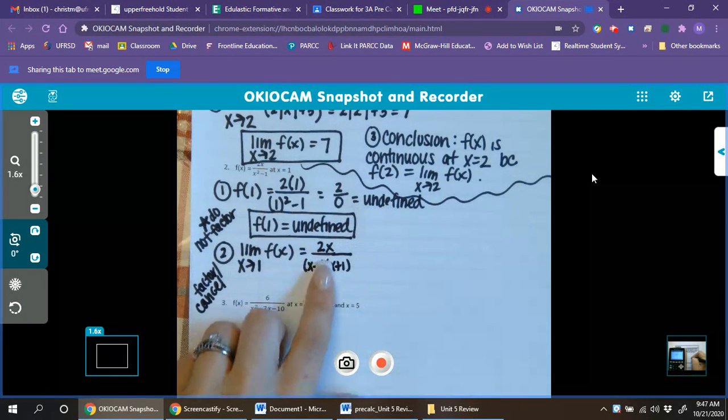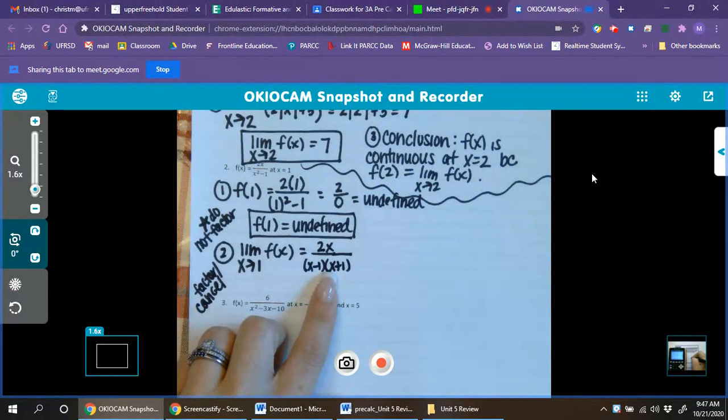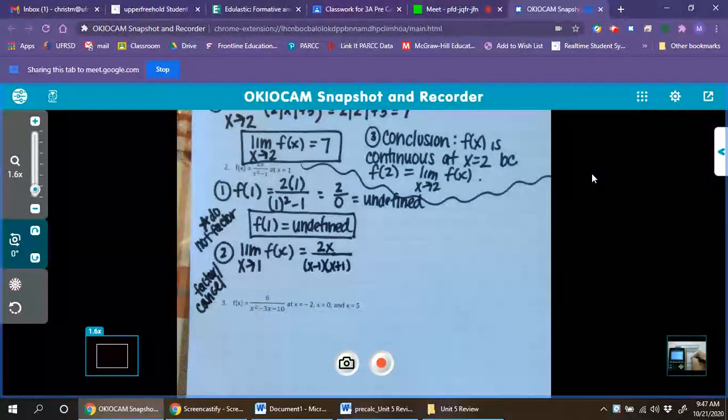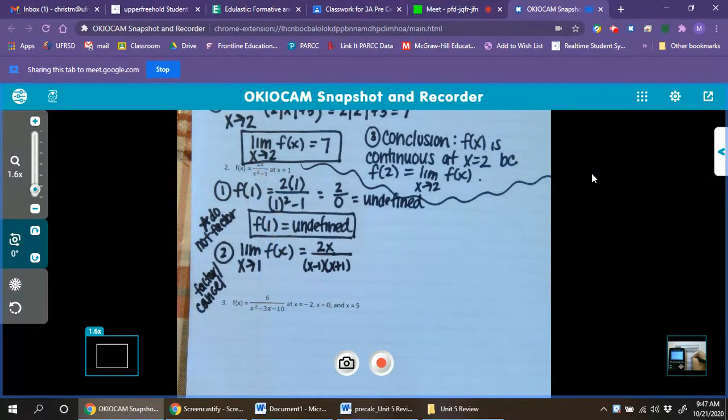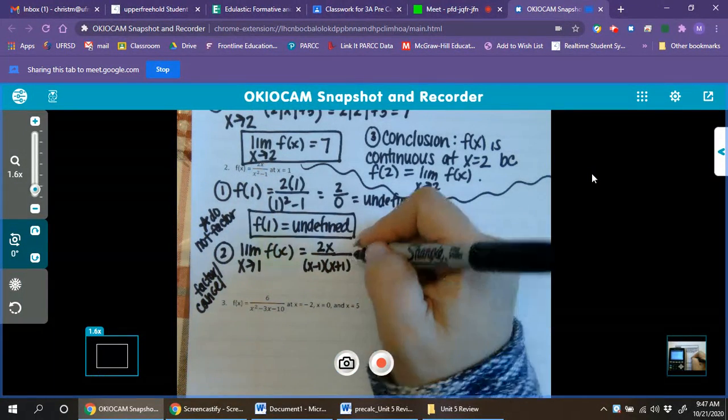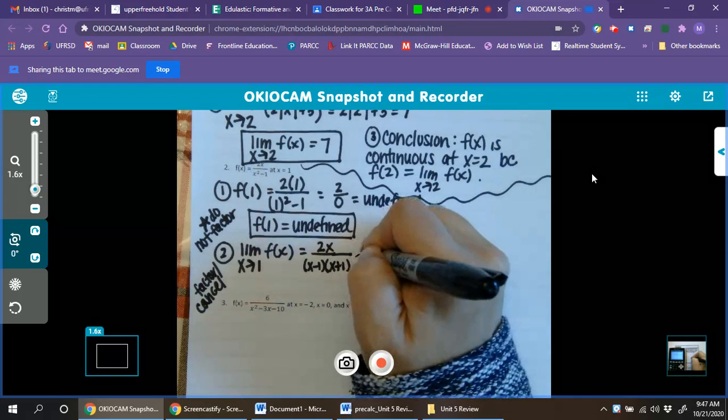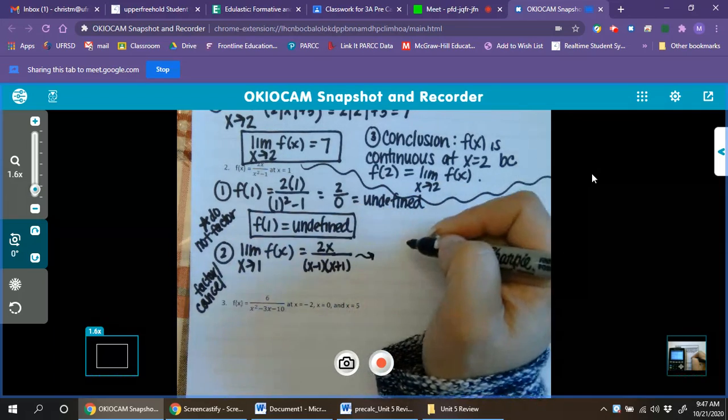But this is not actually going to simplify or cancel or do anything. So is it really necessary that I use the factored form? No, you could go back to the original since nothing changed. All right, but we're going to use direct substitution and we're going to evaluate the limit.